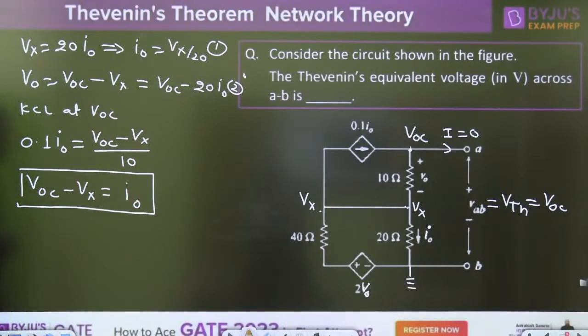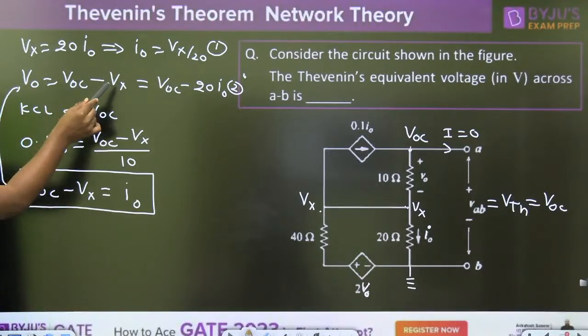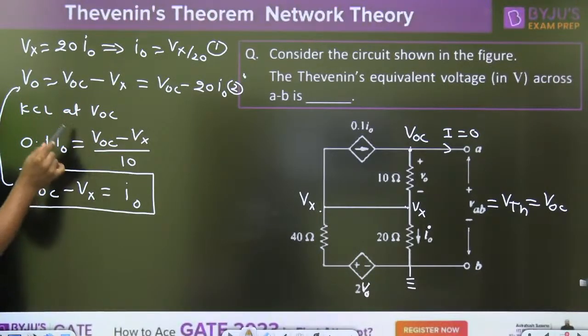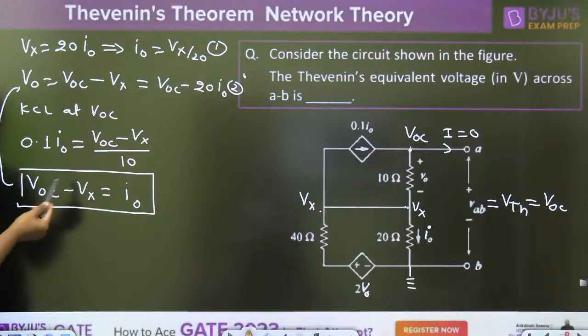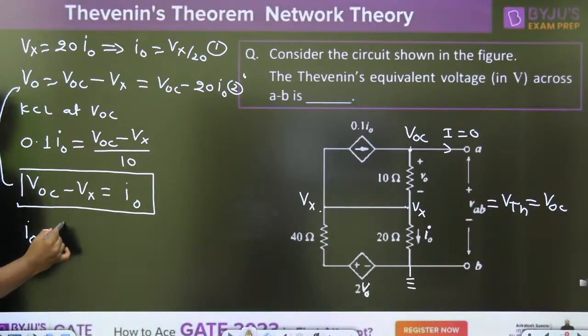VOC minus Vx is equal to I naught because it is multiplied with the 10. You can use this formula here. VOC minus Vx is replaced by what? I naught, and you will get the result V naught is equal to I naught. Yes or no? From these two equations, you are going to get I naught is nothing but V naught.